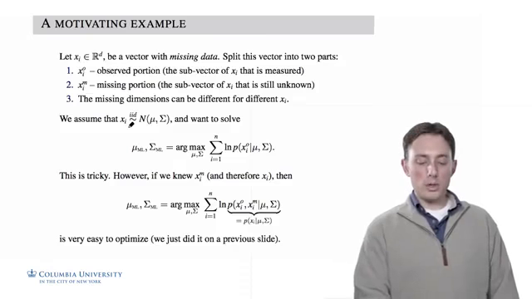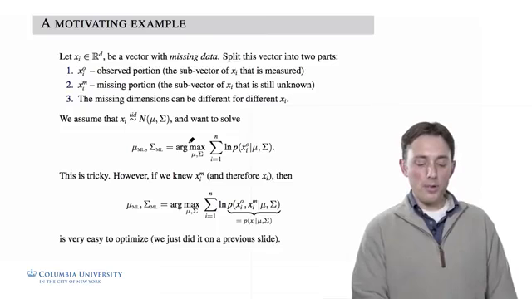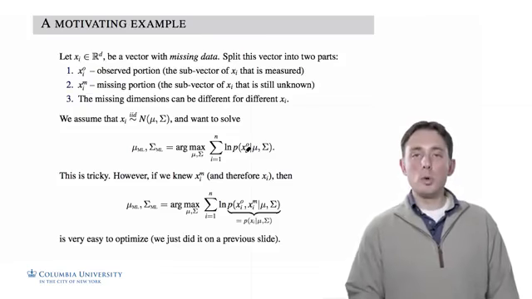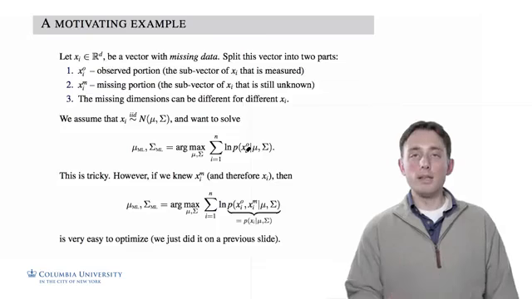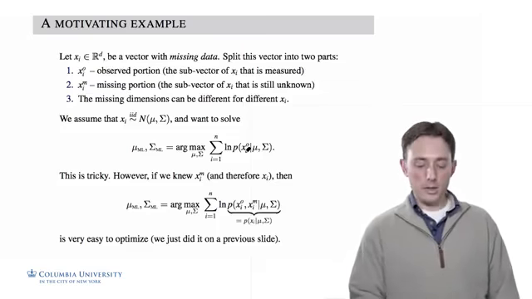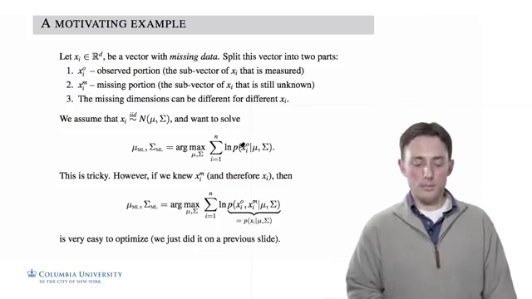Now our goal is going to be to solve this maximum likelihood problem, where we want to find the maximum likelihood values for mu and sigma, where we can only take the likelihood over the observed portion of the vector, because if we don't have any of the data in a missing portion, then we can't factor it into the likelihood. So we want to maximize the log of the joint likelihood only over what we observe.